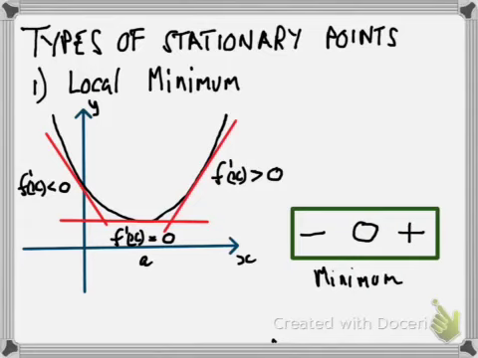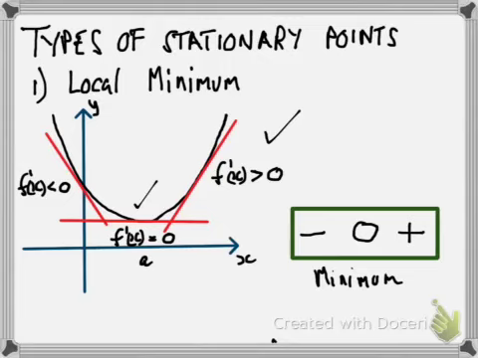I'm now going to show you four different types of stationary points. First one's called a local minimum, and you would have seen these last year. A local minimum's characterised by having negative gradients to the left of it, a zero gradient at the actual point, in this case it's A, and then positive gradients to the right. So I've put here that distinctive pattern, negative, zero, positive.